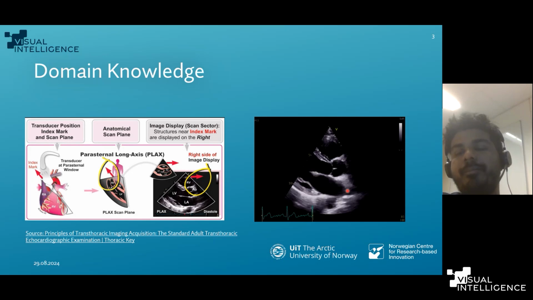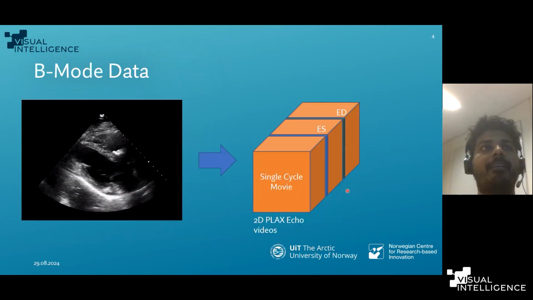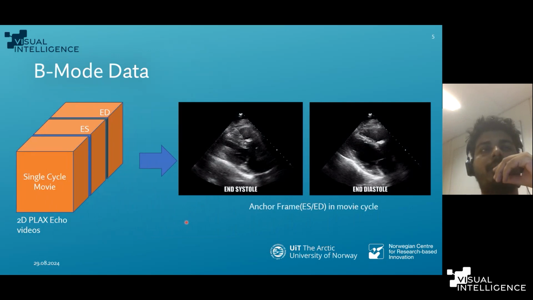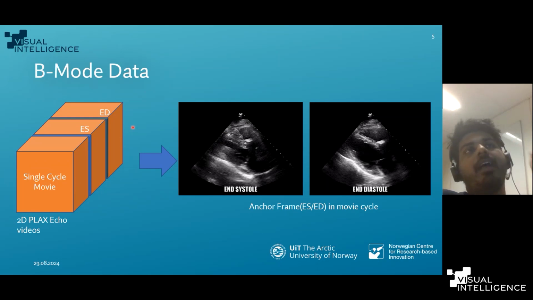In the data, in the movie, we generally concentrate on a single cycle for some sort of analysis. In a single cycle, there are two specific frames called the end systole and end diastole frames.